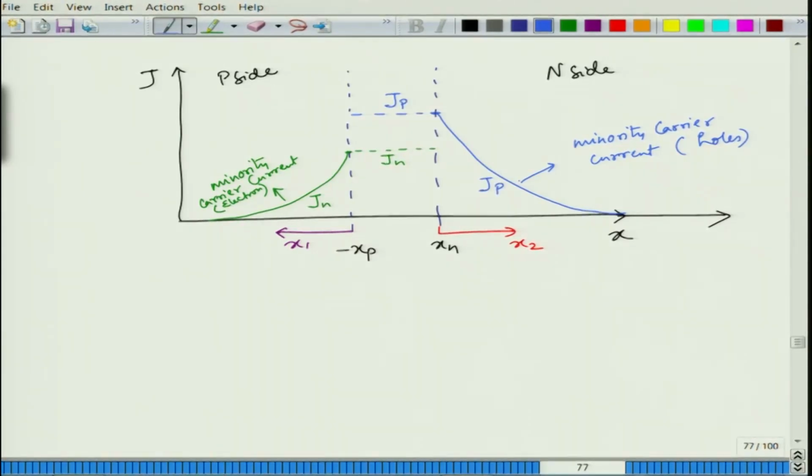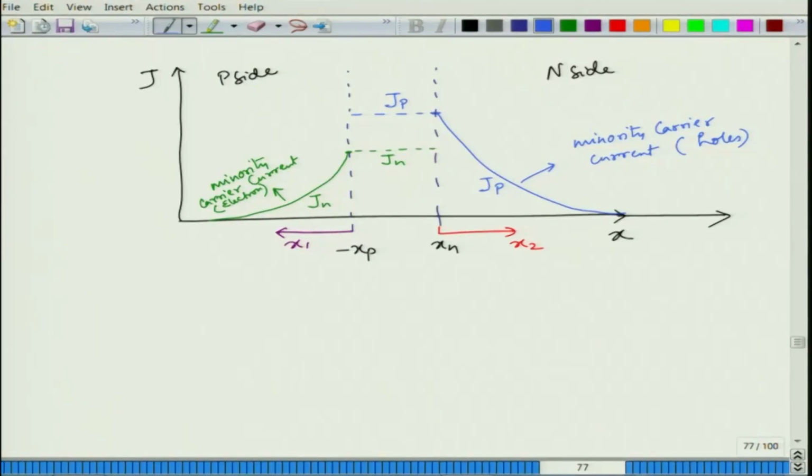Okay. So, both Jp and Jn are constant, but they are different constants in the space charge region, and those constants get smaller and smaller as you go deeper into the quasi neutral region, both for p side and n side, and that is how the minority current looks like.